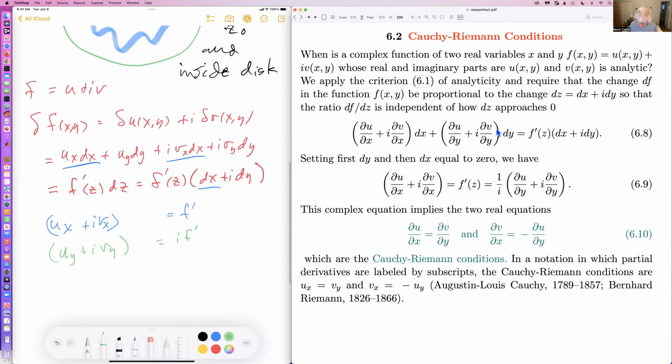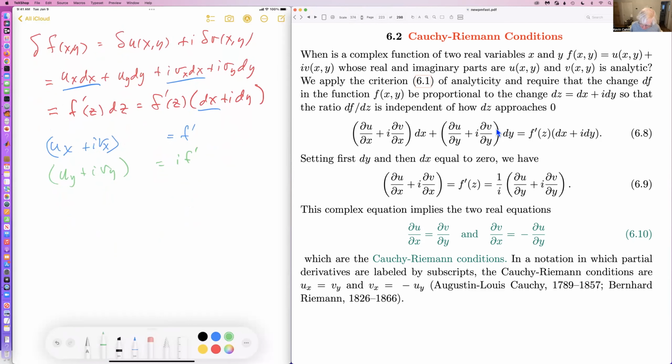And so that tells us then, I hope I've got all the subscripts right, that u sub x plus i v sub x times i should equal u sub y plus i v sub y.